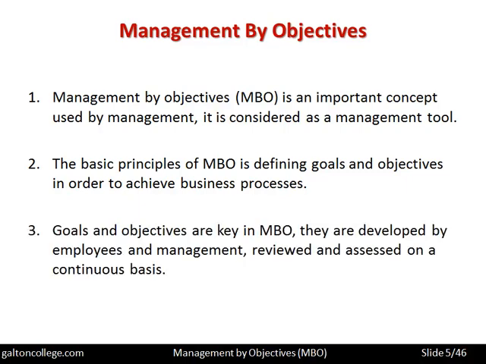Goals and objectives are key in management by objectives. They are defined by employees and management. They're reviewed and assessed on a continuous basis. So the goals and objectives are central to this particular approach to management. It's having a clear set of goals and objectives that drives the organization.